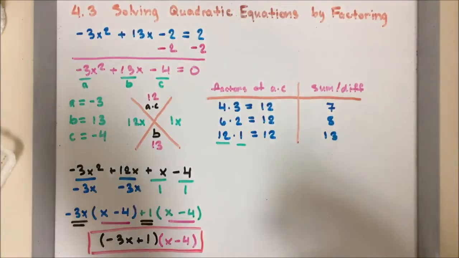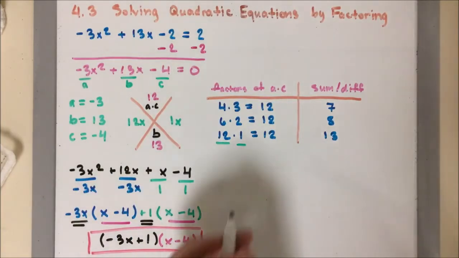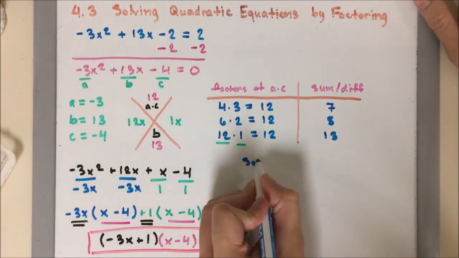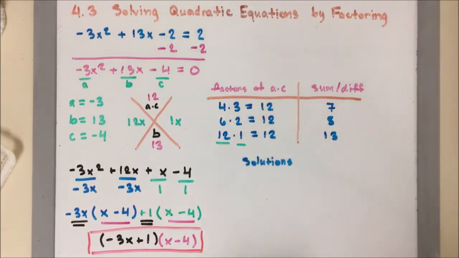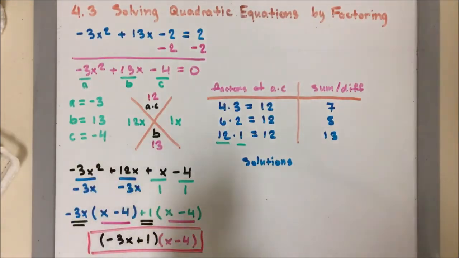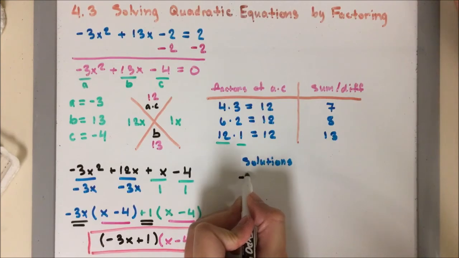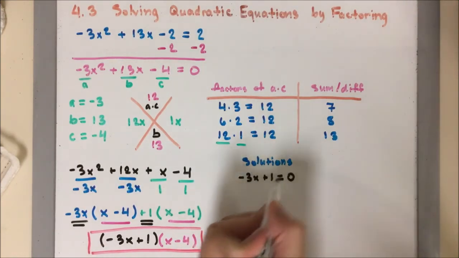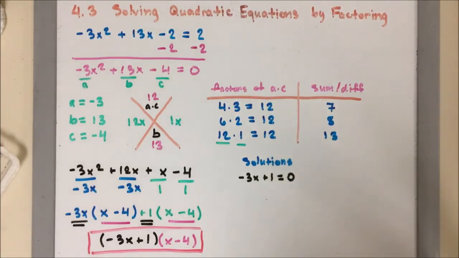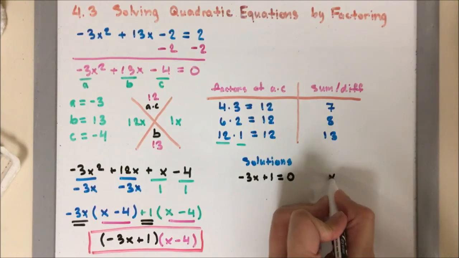Now, if I was looking for solutions, so let me do that part over here. Solutions. Then I'm going to set each factor equal to 0. So I'm going to set negative 3x plus 1 equal to 0. And then I'm going to set the other factor, x minus 4, equal to 0.